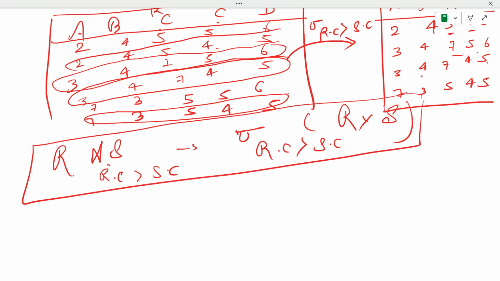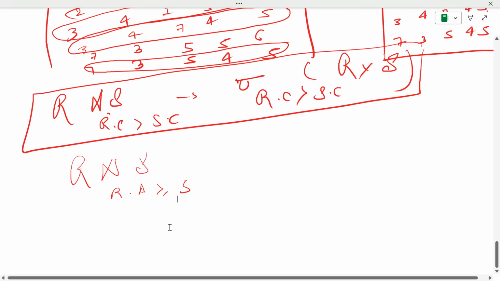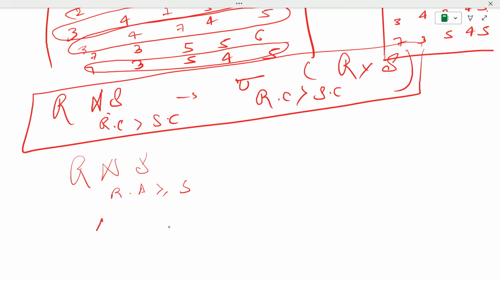Similarly, we can write something like R conditional join with S such that R.A greater than or equal to 5, and S.D greater than or equal to 5, and R.B greater than S.C. So something like this, all these conditions can be applied.